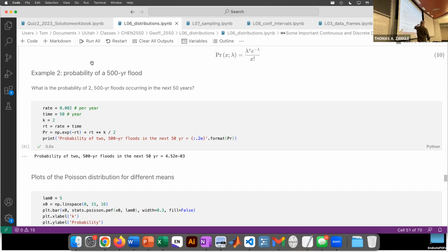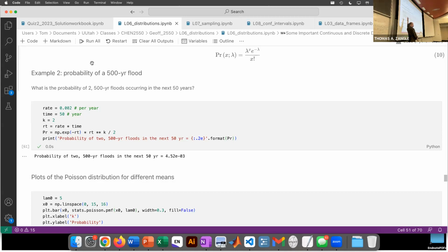Our time period is 50 years. We want to know the probability of getting 2 500-year floods within a 50-year period, and our k, our number of events, is 2. So we're going to use the Poisson distribution to find the probability of having 2 such events in a 50-year period.